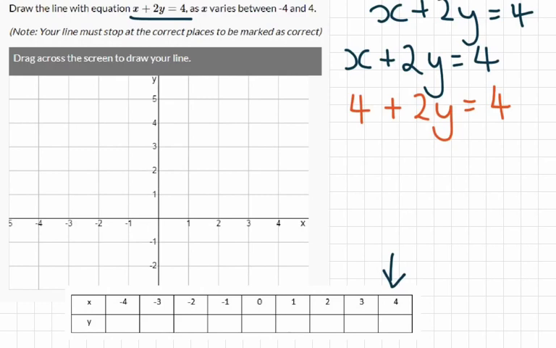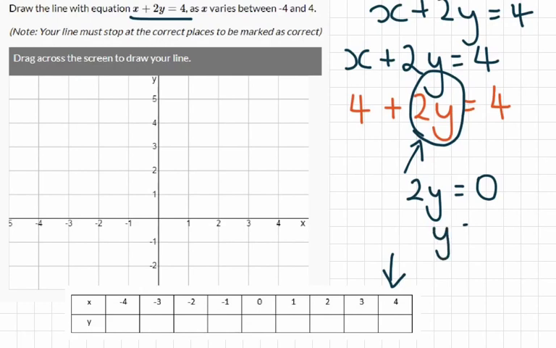We know that 4 add 0 is 4. So 2y here must be equal to 0, because when we do 4 add 0, we get 4. So if 2y is 0, then 1y must also be 0. So we know this value here is 0.